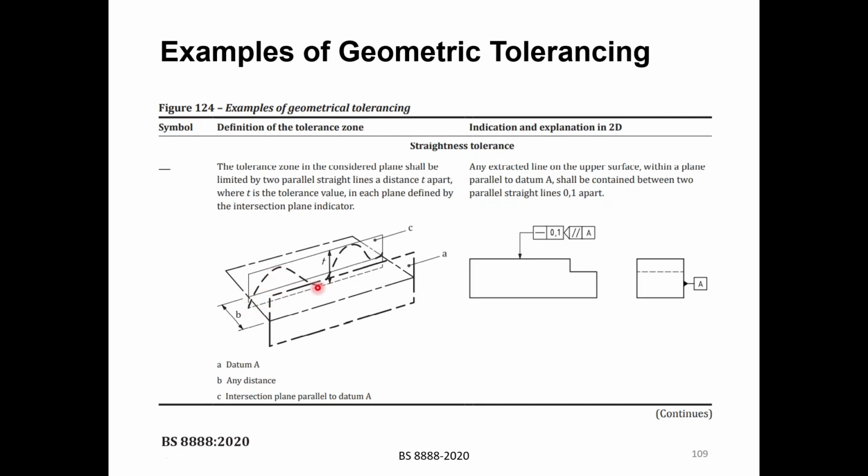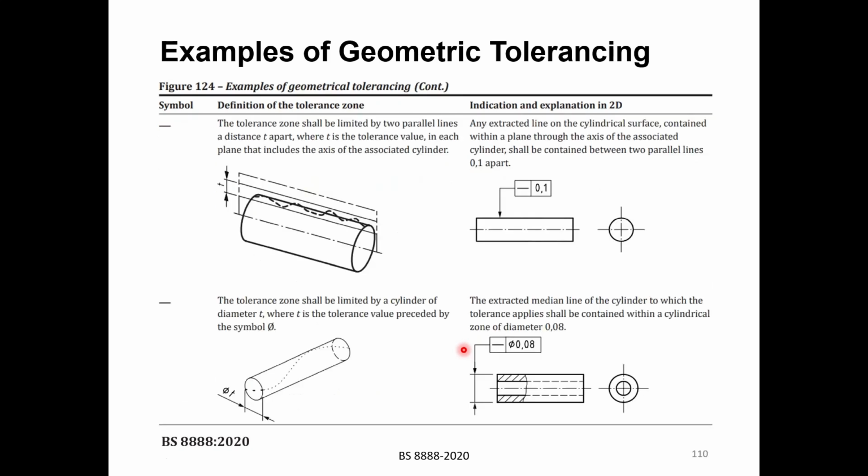The dashed solid line curved edge here is exaggerated, but it says that as long as the edge is within this tolerance, it will be acceptable. So this could be a straight line running from here to here, or a straight line running from here to here, as long as it is within this tolerance, it will be acceptable. And this shows the straightness tolerance of an edge.